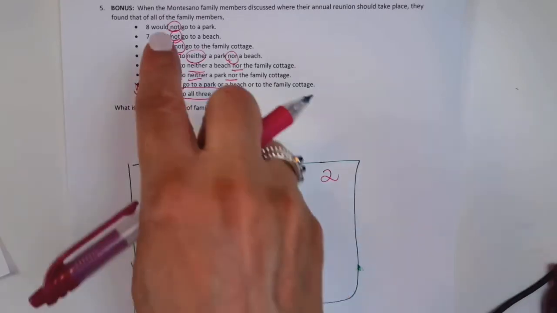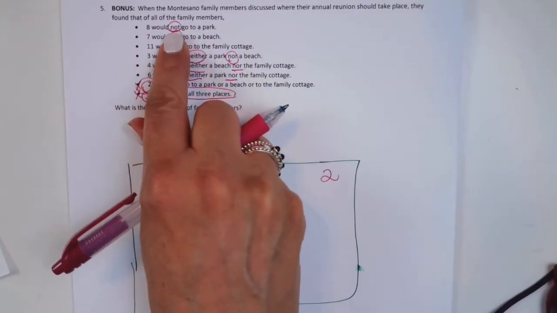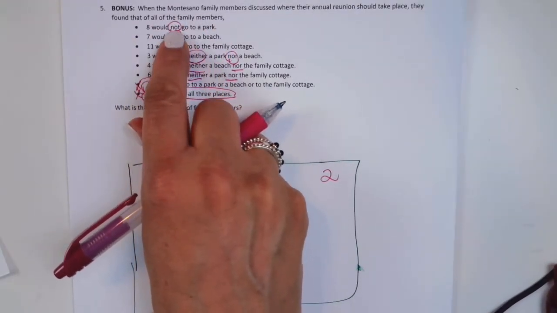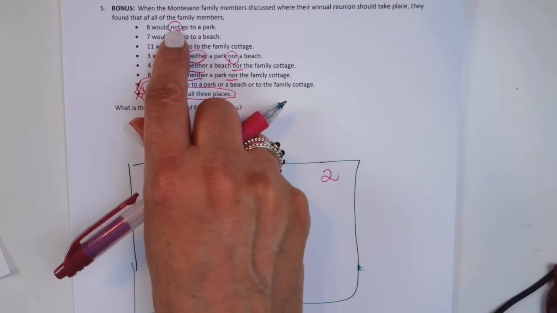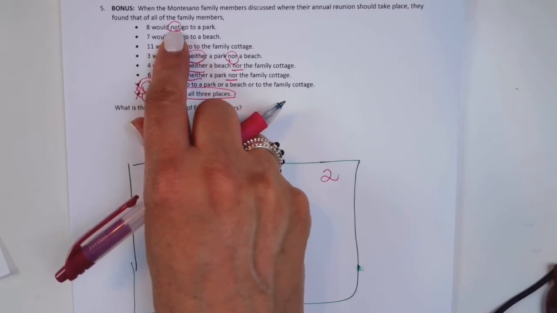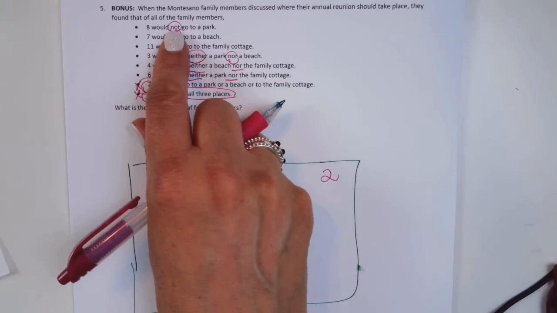Okay, so let's look at now what we have here. So if we kind of switch this to the opposite, it says 8 would not go to a park. Well, would those 8 go to the beach and the family cottage?